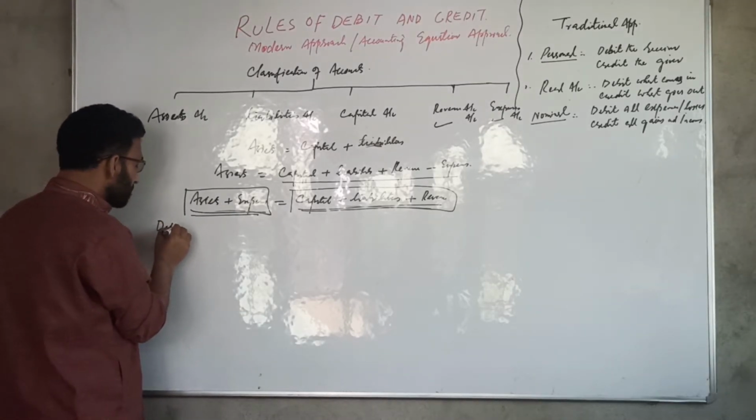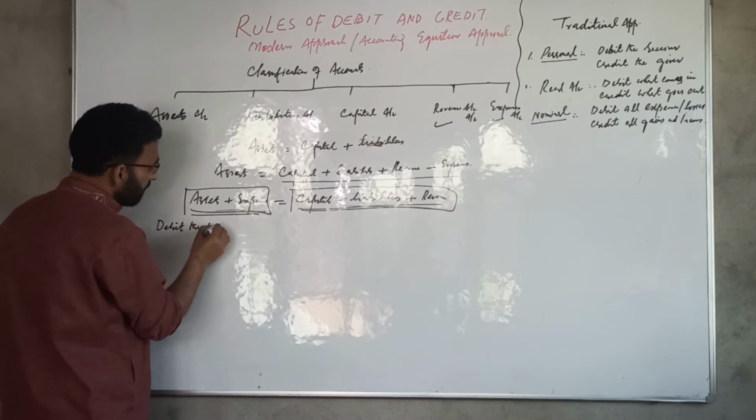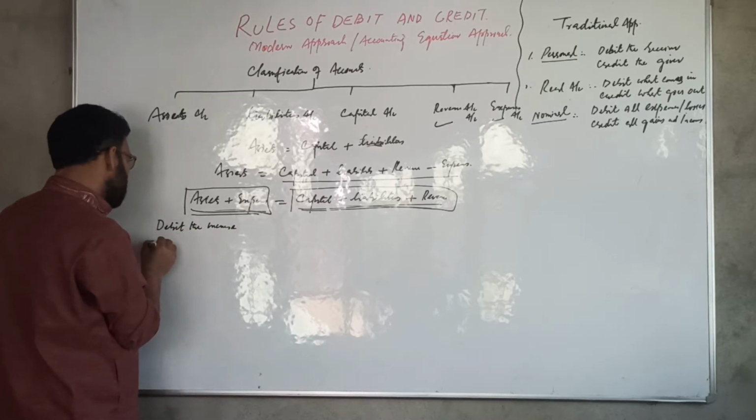The rule is: debit the increase and credit the decrease.